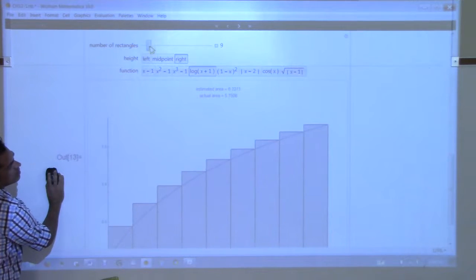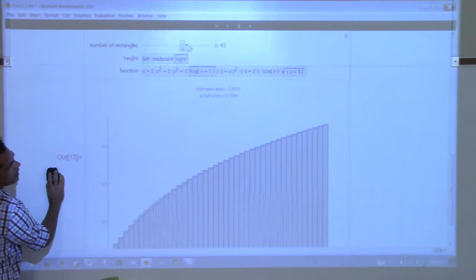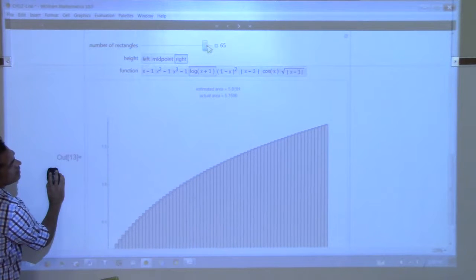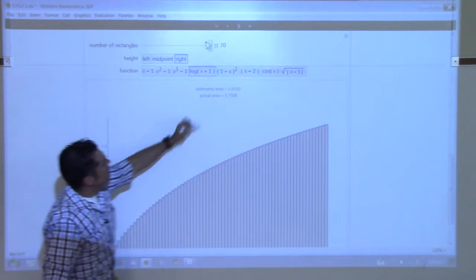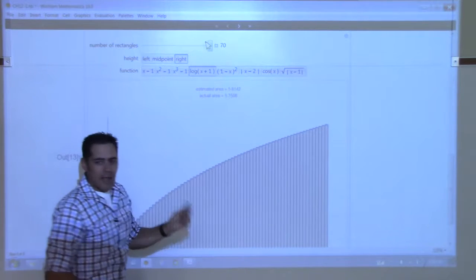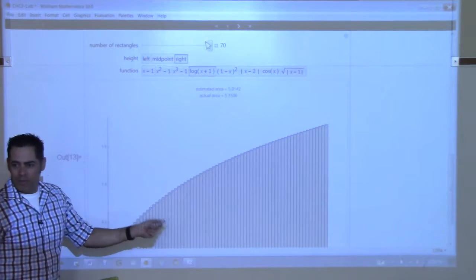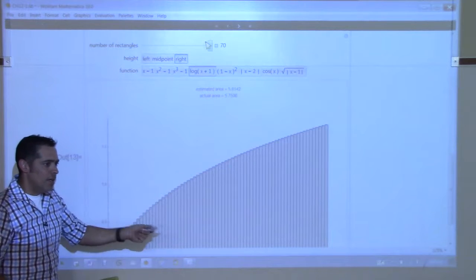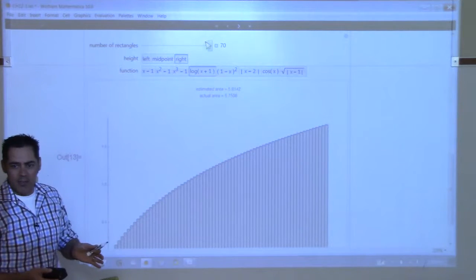As you get more and more rectangles, your error still goes to 0. It's just not going as fast. See how I'm not that close right now? But the whole idea is that we're going to let the number of these go to infinity, and then it will get to the answer eventually.